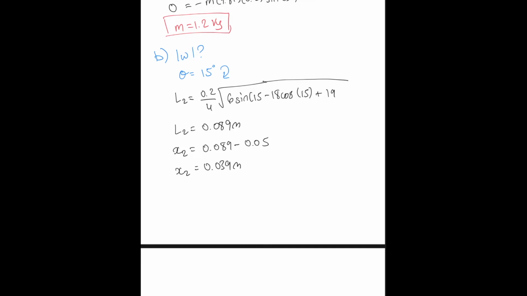And then again, we're going to plug our values into the elastic potential energy equation, which is half times 200 times 0.039 squared, to give us a value of 0.152 joules.